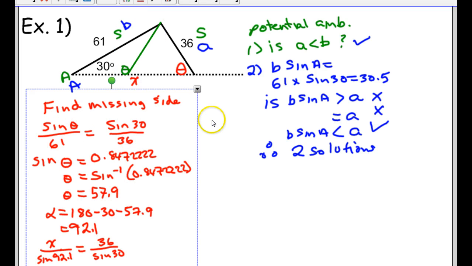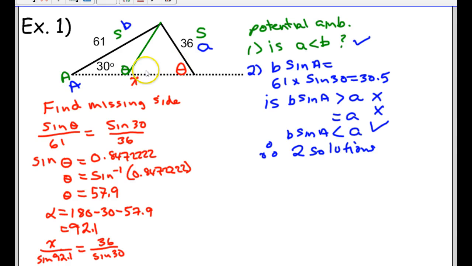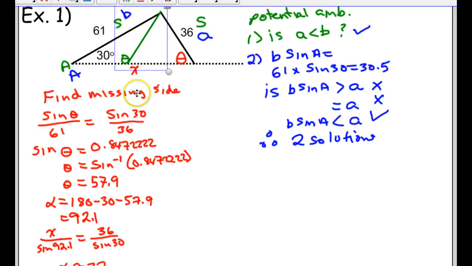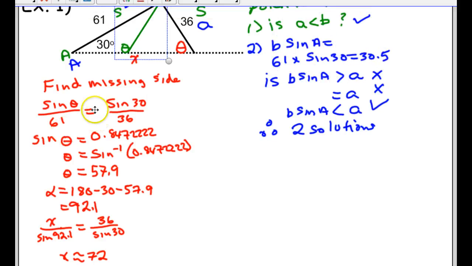So I'm asked to find the missing side, and initially I'm just going to use the regular basic question, the x, the angle that was here, and kind of ignore the fact that that was there at all. Sorry. And so find the missing side.